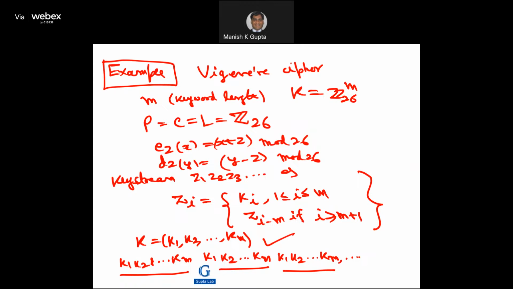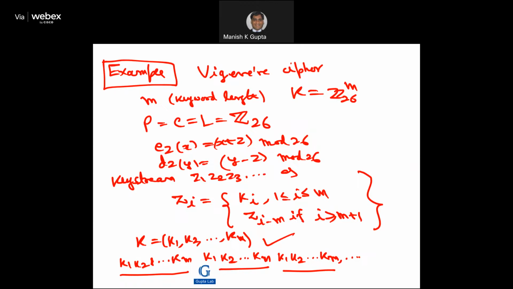So we again get k1, k2, k3, km, and then another k1, k2, k3, km, and so on. This is a block, so you will get streams like this. You can clearly see that the Vigenere cipher is nothing but a special case of a stream cipher with this kind of function. So this is the definition, this is how the key is.